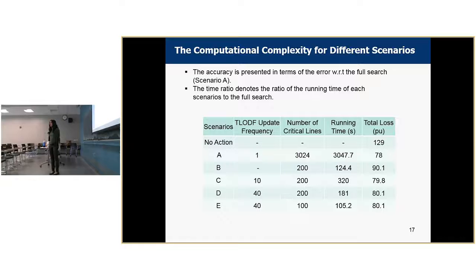Again, it's a trade-off. It won't be as good as scenario A or scenario E, but the running time will be less. You just need to figure out the trade-off and what you want, based on the size of the system and the time that you can spend on getting the solution.